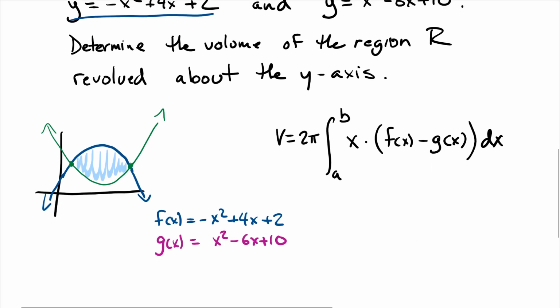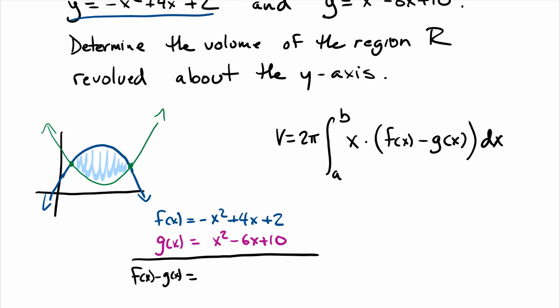All right, cool. Let's go get our f of x minus g of x. The stuff's already set up. Oh no, we have to subtract them. I was hoping we could just add them, but no. So that's going to become negative 2x squared. Remember, we're subtracting, so we change all the signs.